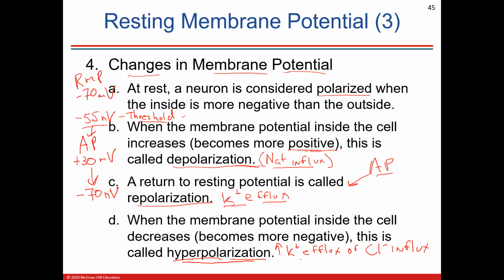Now, if this happens, or especially if it's overridden, then you can get hyperpolarization. And let's say for a neuron, a hyperpolarized membrane could be about minus 90 millivolts or more. That's a hyperpolarized membrane because there's too much potassium outside the cell in this case, right?